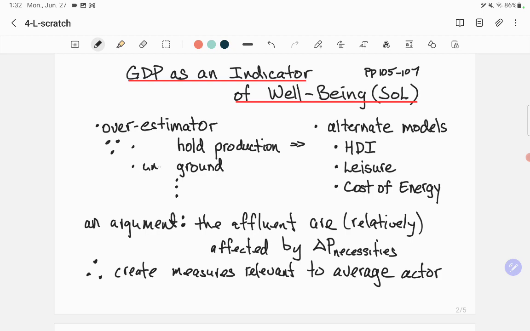Underground. The underground economy. October 17th, 2017, what happened in Canada? They legalized cannabis. We'll see how much that was worth.